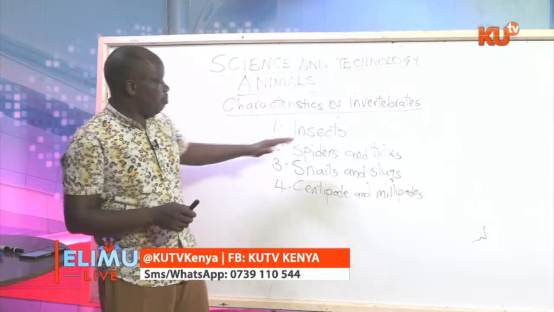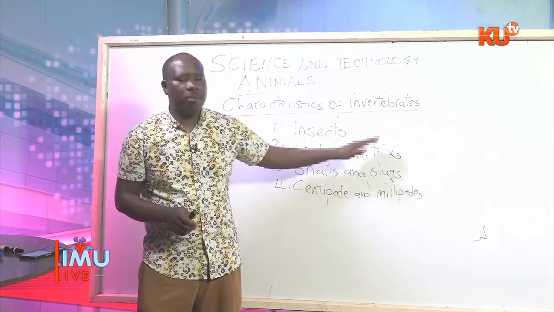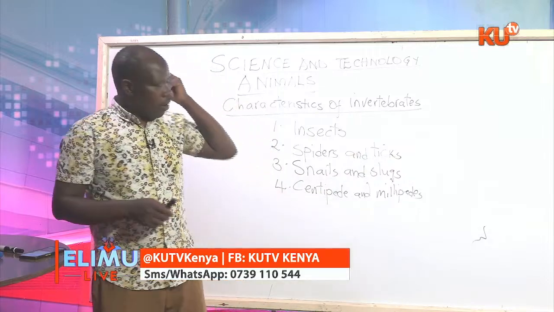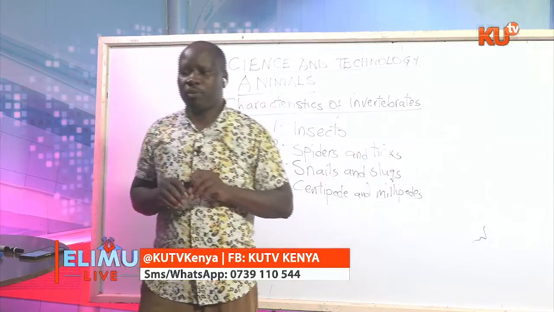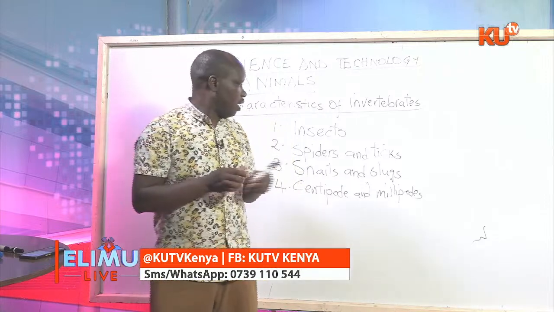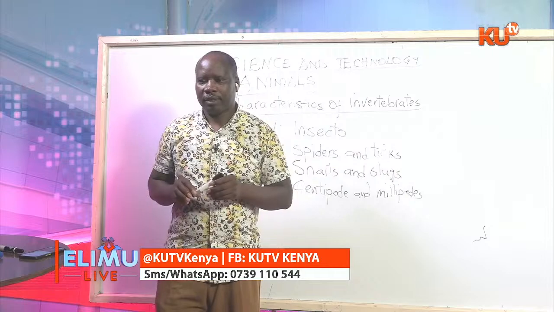So there are things that make these animals to be put in their different categories. Now let's look at the first group of animals under invertebrates. These are the ones that are called insects.